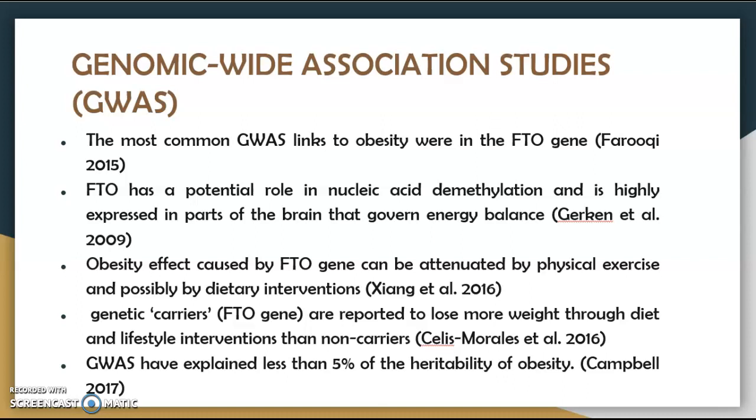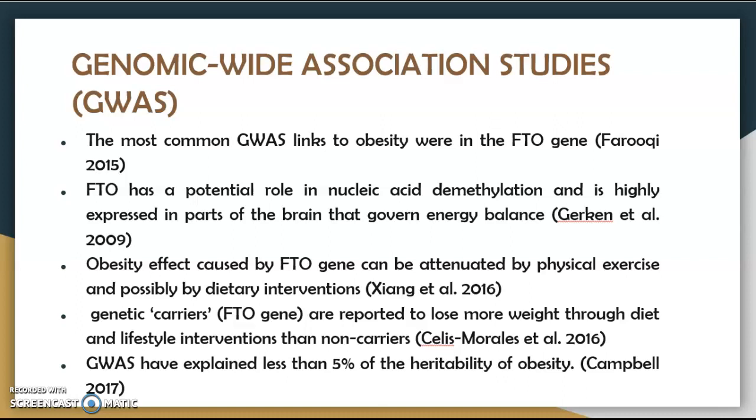Known genetic carriers of the FTO gene are reported to lose more weight through diet and lifestyle interventions than non-carriers, which may encourage lifestyle efforts in those who are obese or have a family history of obesity. GWAS have explained less than 5% of the heritability of obesity.